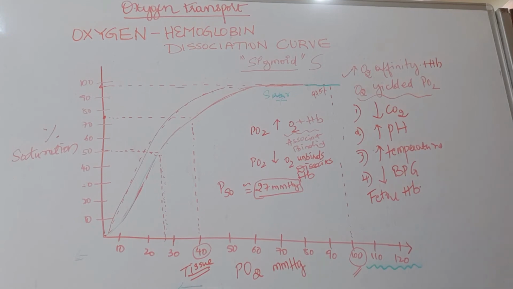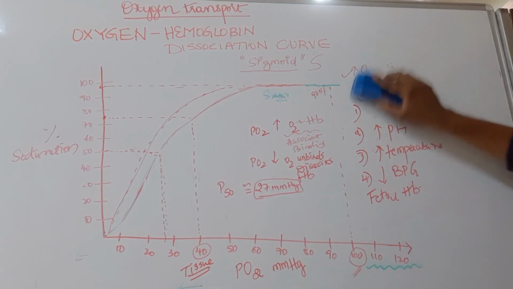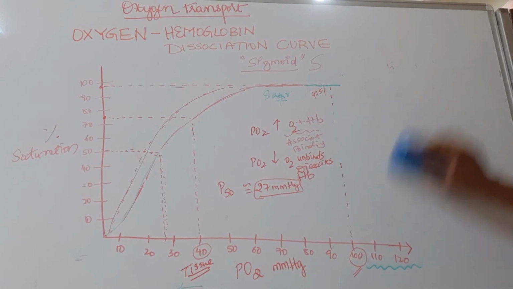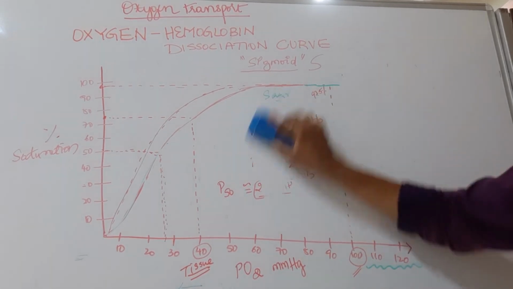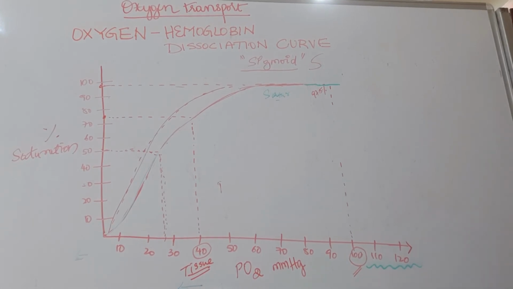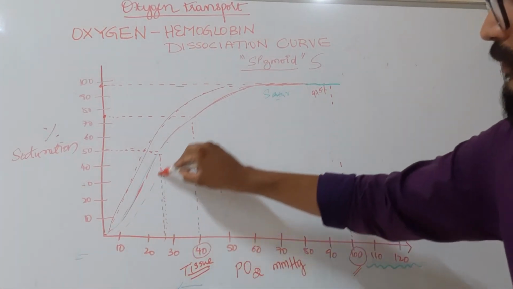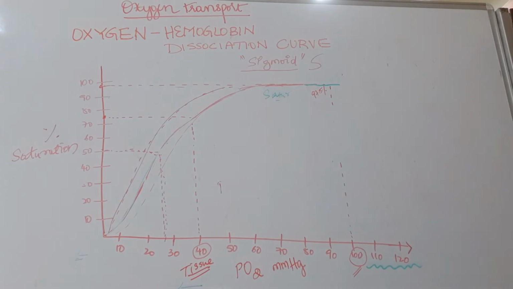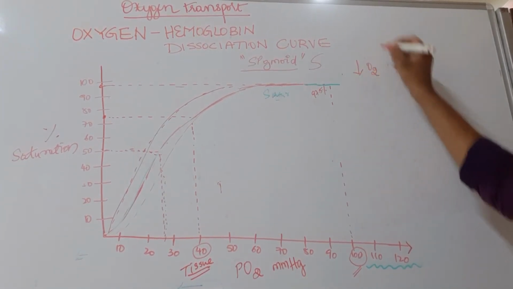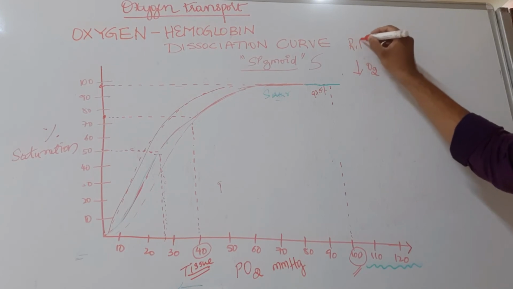We do have a condition called shift to right, where the standard curve can shift to the right side. Shift to right means there is decreased oxygen affinity.